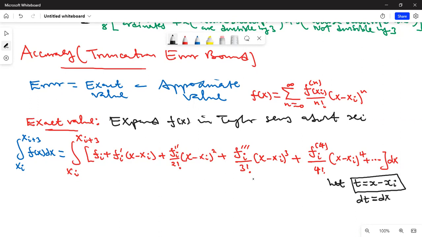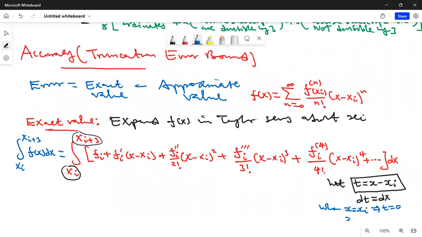What about the limits? When x is xi, the lower limit, what will happen to t? T will be 0. What about when you put x is equal to xi plus 3? That will give us 3h. So this will give us t is equal to 0, and this will give us 3h. So when x is equal to xi, it is clear that t will be xi minus xi, that is 0.